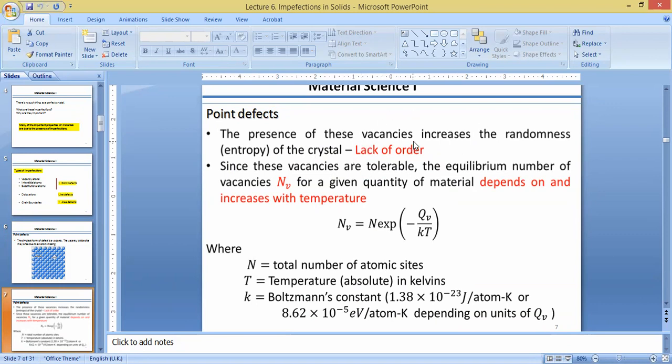So it's basically a lack of order. And since these vacancies are tolerable, the equilibrium number of vacancies, which is NV, for a given quantity of material, depends on and increases with temperature.